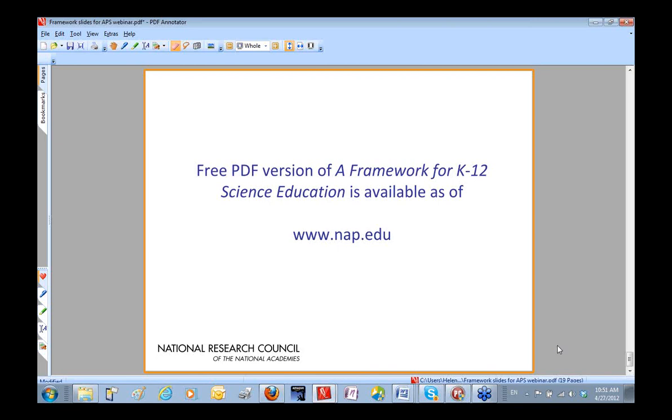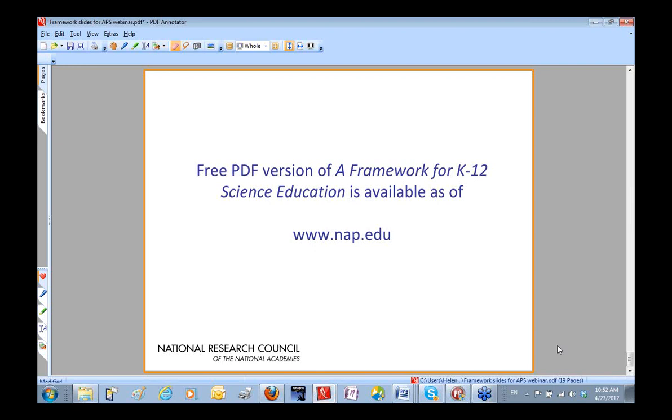And the answer is they look different in different places. The one thing you can say is probably the common feature of the curricula in countries where students do somewhat better is they're more coherent. They have this idea of developing ideas over multiple years rather than just teaching whatever the subject is of this year. And so that, I think, is one of the pieces that we took very seriously in developing the framework.